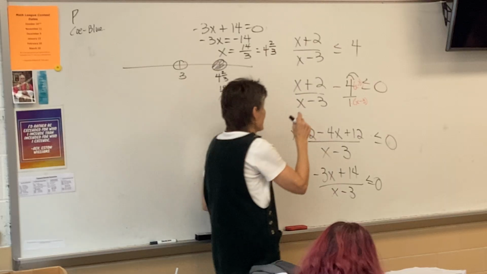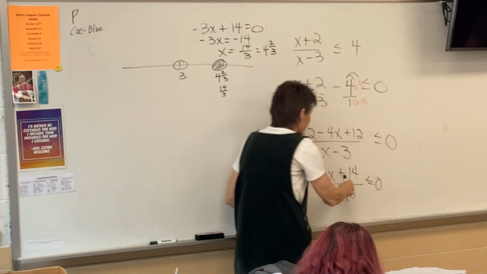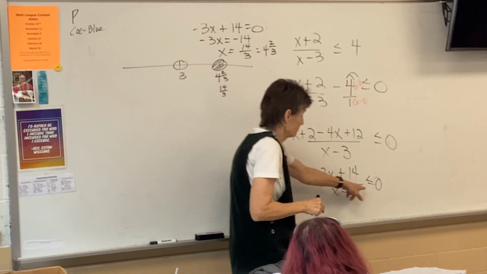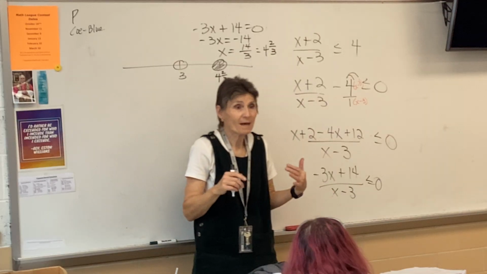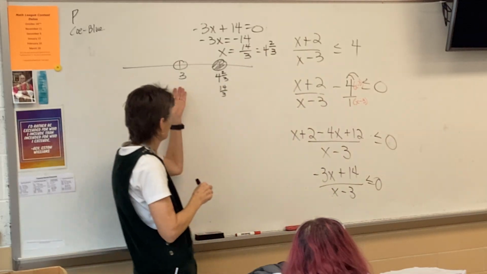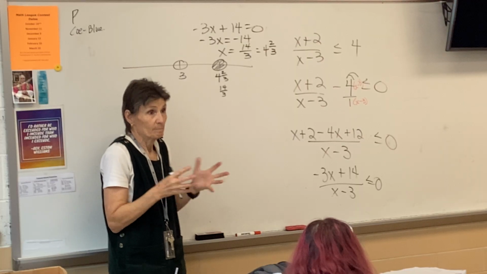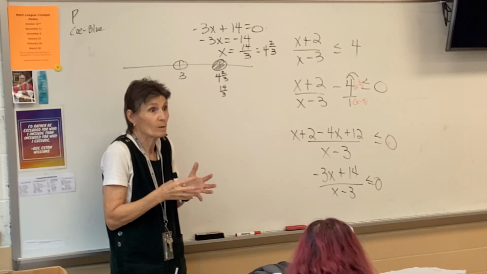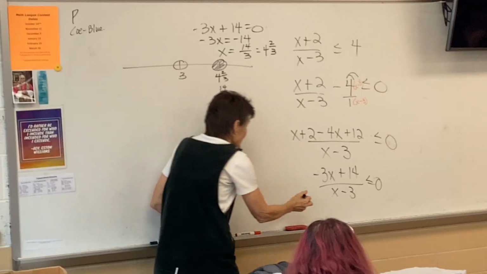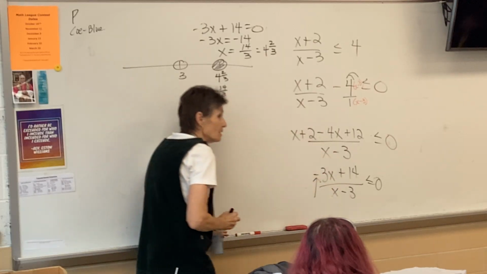When I look at this sign in this problem right here, it is less than 0. What do I automatically think? I got 2 dots up here on my number line. What do I automatically think? Between them, right? Less than is usually between them. But when this happens, the negative switches it.